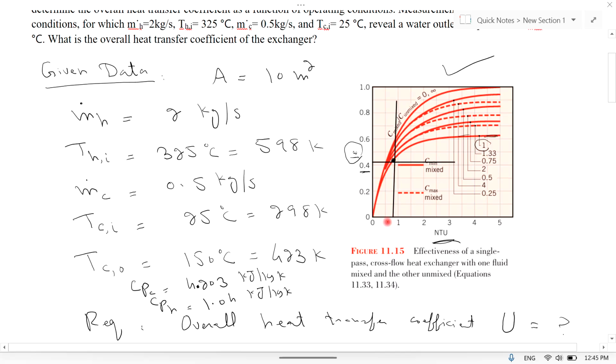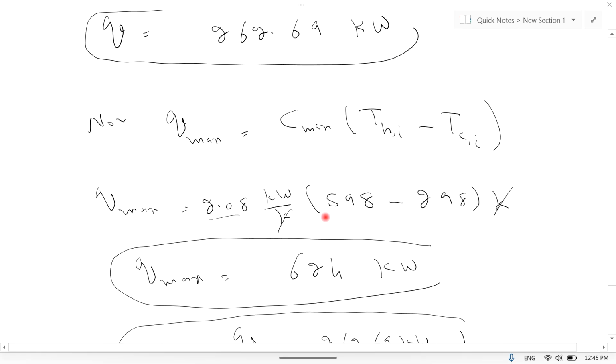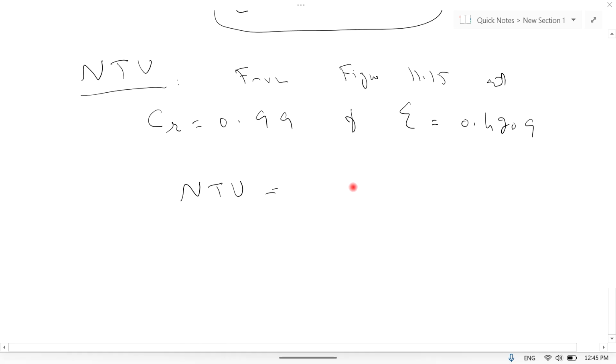It intersects the NTU horizontal axis at approximately 0.8 or 0.81. So the value of NTU is approximately 0.81. You can also put 0.8.